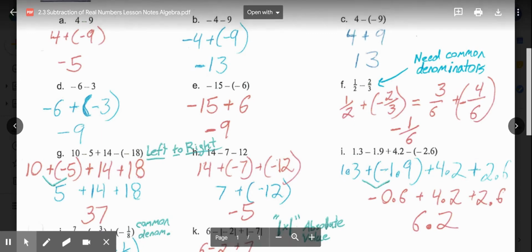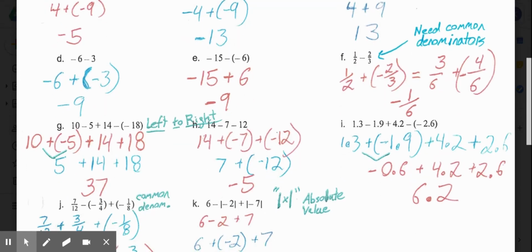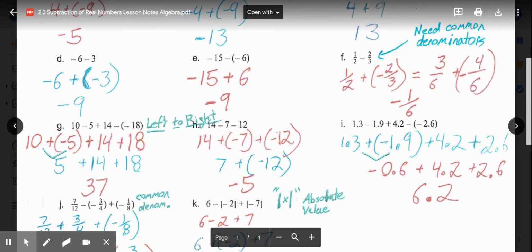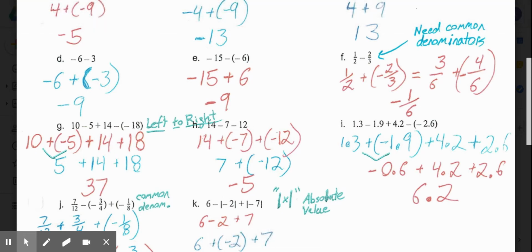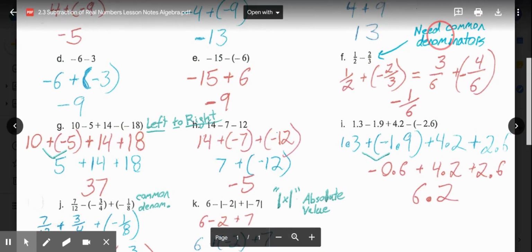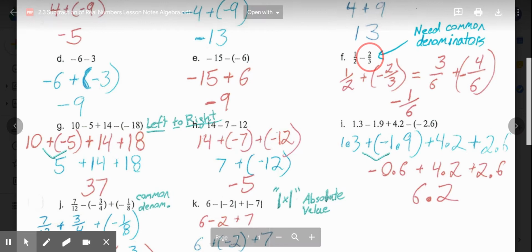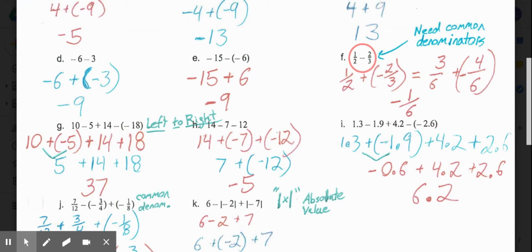And then in part F, for fractions, 1/2 minus 2/3, we still follow the same subtracting rules of changing it from subtraction to adding the opposite, but you also need to remember in fractions that we need common denominators. So we change our subtraction to addition, and the positive 2/3 becomes a negative 2/3.